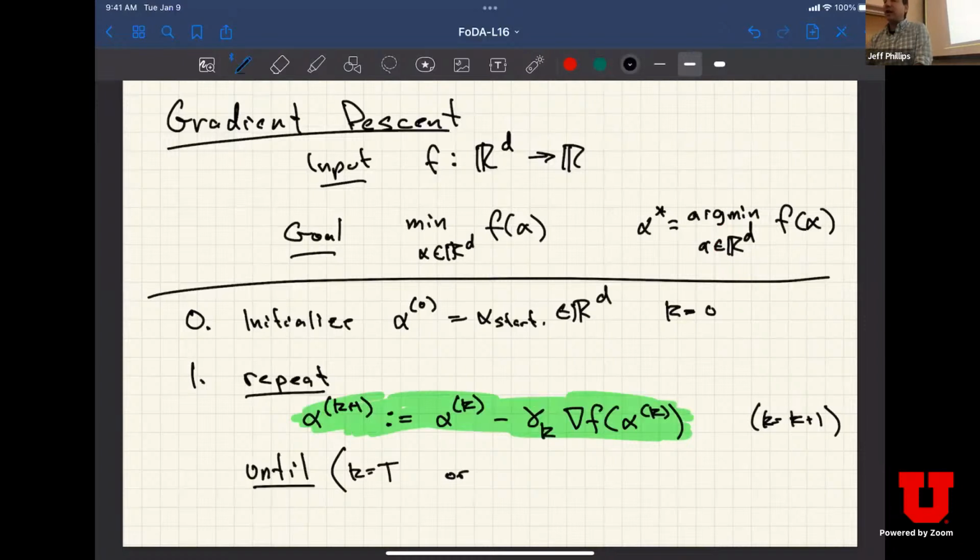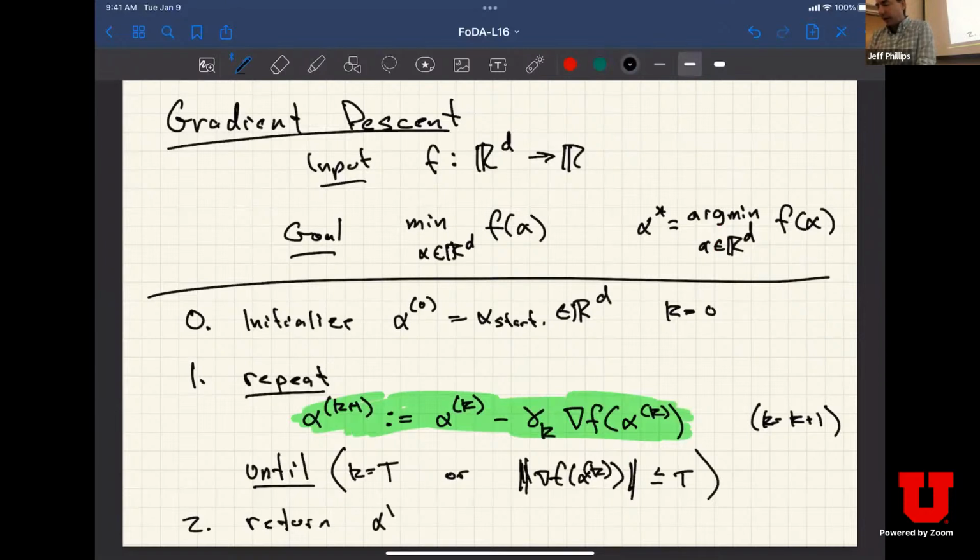But if you want to think of a more formal way of deciding the right thing to do, you would typically write a condition: if I look at the norm of the gradient at alpha k, which I had computed above here, and this is less than some threshold tau, then I stop, and then I return alpha k.